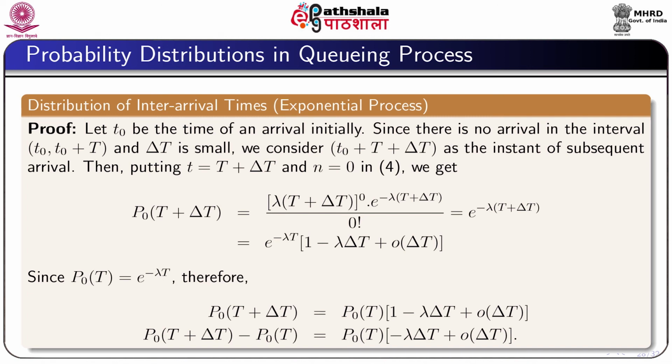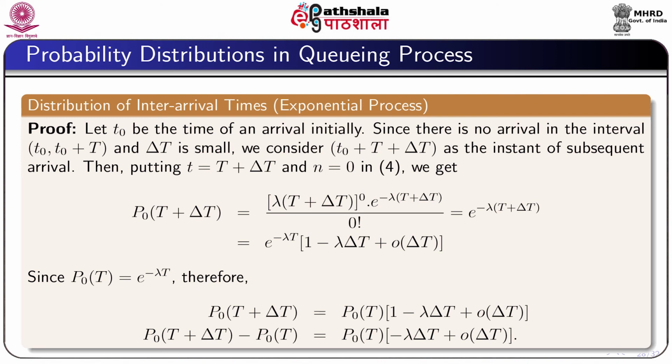Then putting small t equal to capital T plus delta t and n equal to 0 in equation 4, we get P0(T plus delta t) equal to e to the power minus lambda t into 1 minus lambda delta t plus order of delta t.